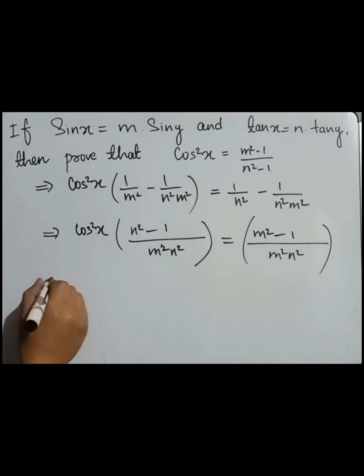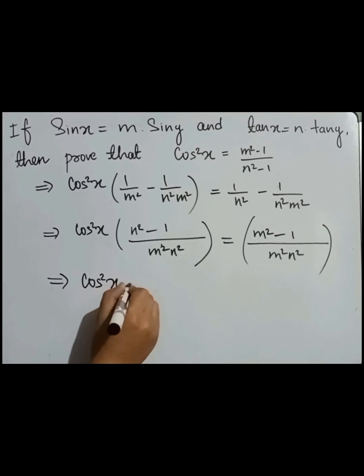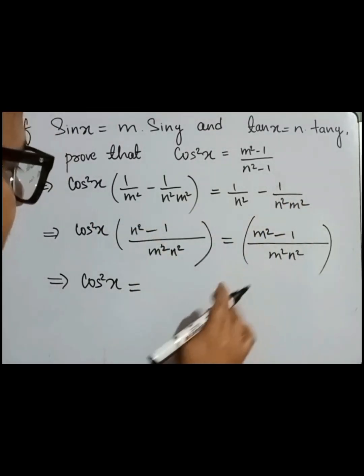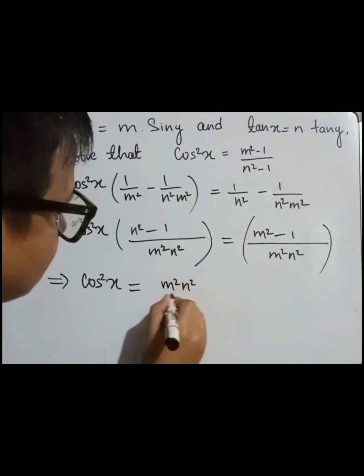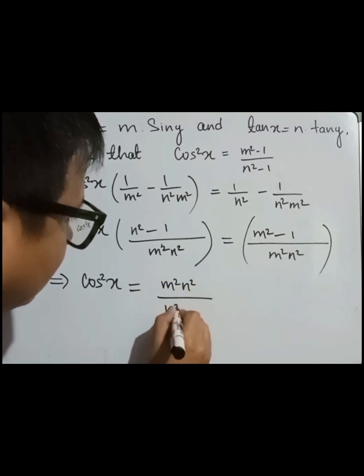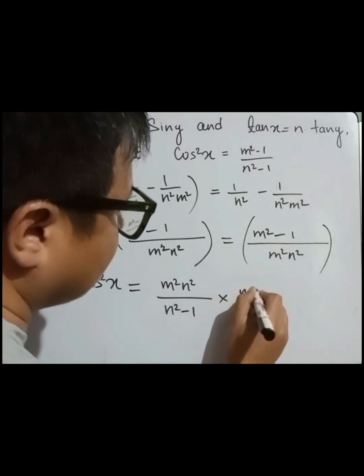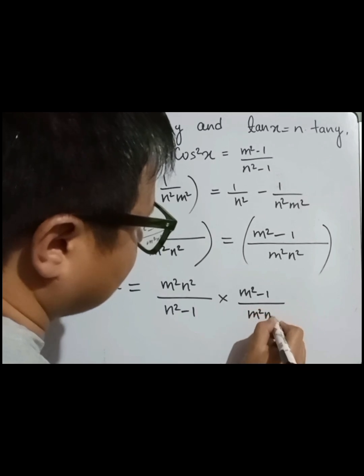And now in the next line we can write cos square x is equal to, this goes up, this goes down, m square n square upon n square minus 1 into this m square minus 1 upon m square n square.